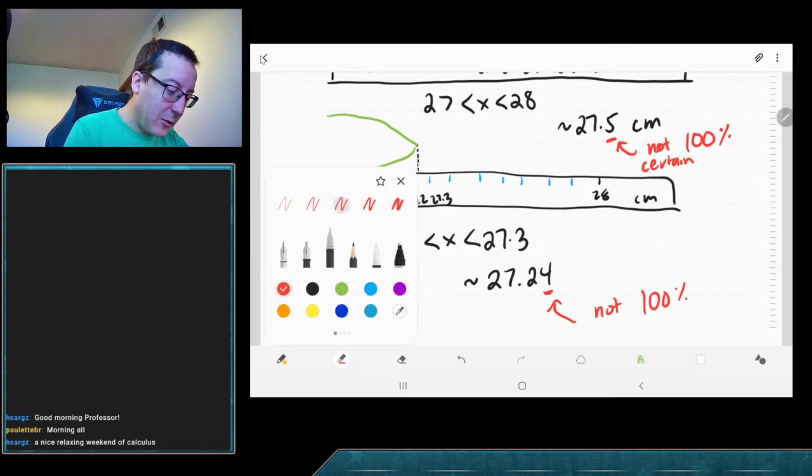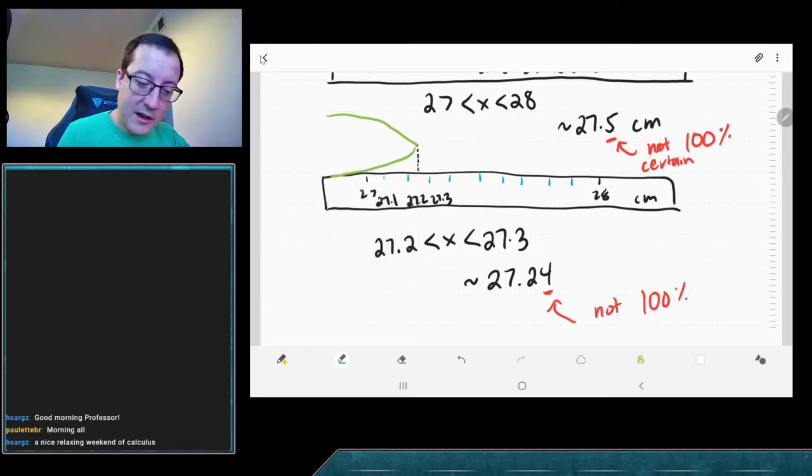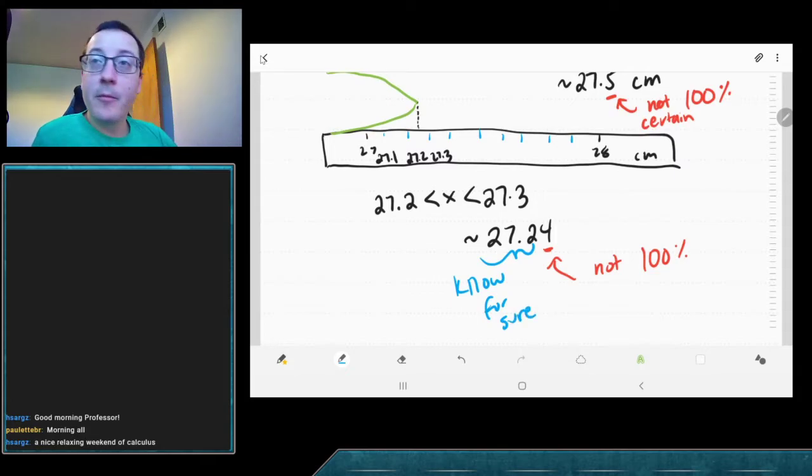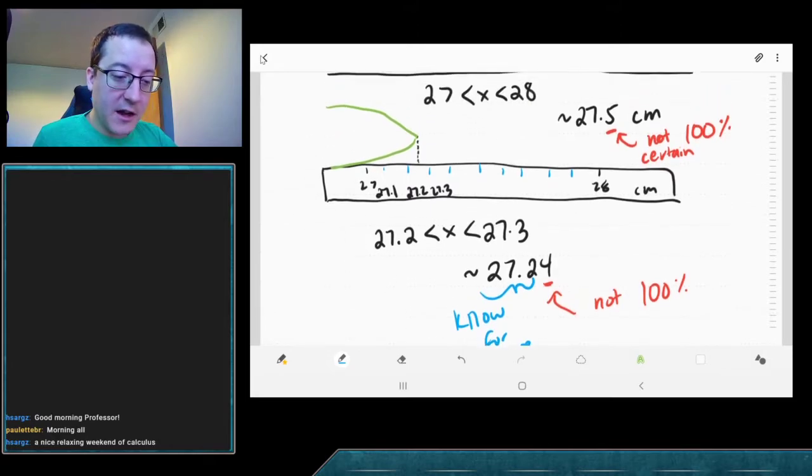However, because we only have one number that's not 100% certain, these ones we know for sure. Everything that is certain, we do know 100% for sure. And it's only going to be that last digit that is not 100% certain.